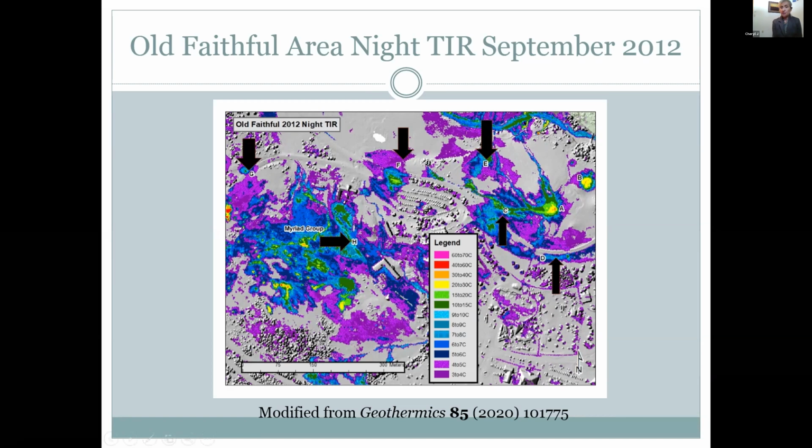Next click, please. The focus of this talk is the two white arrows. One of them indicates Old Faithful Geyser, and the other indicates the area that has a lot of heat. And again, it's an area where snow does not accumulate, but it does not erupt. Next slide.